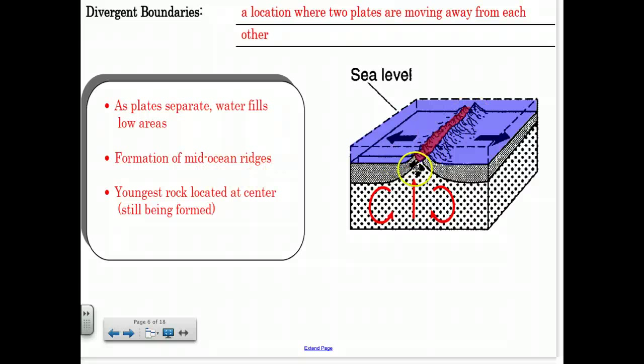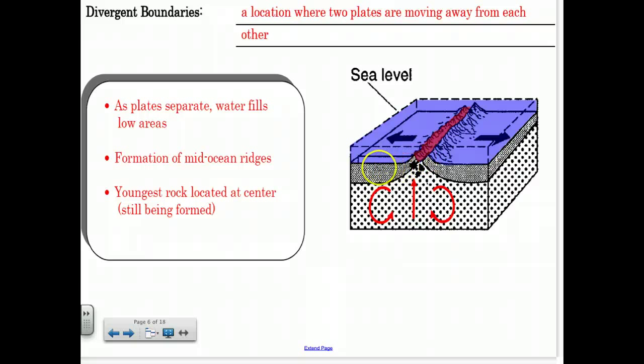And if this happens in a continent, if a continent starts to split apart, that lower area will begin to fill with water, and you'll get a new ocean forming there. The youngest rock is going to be located near the center where this starts. So new rock is bubbling up here, and the lava is hardening and causing new rock to be formed.